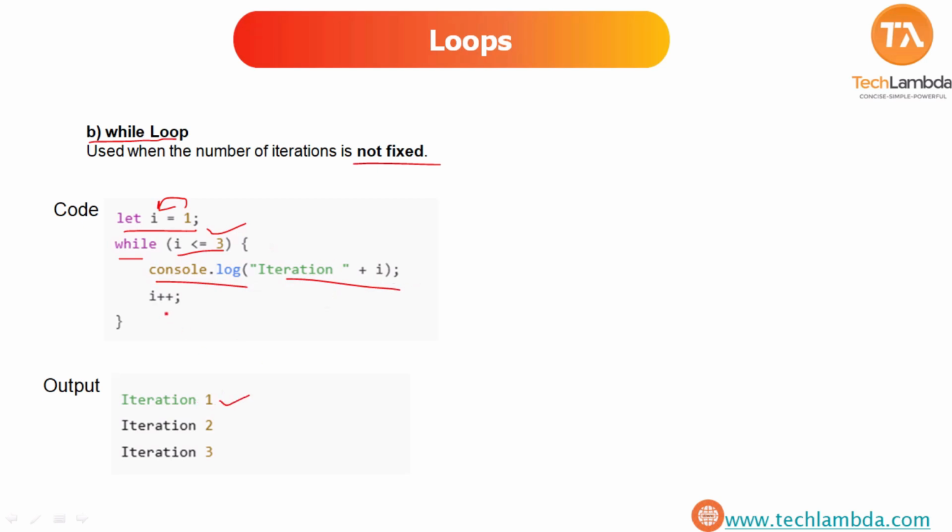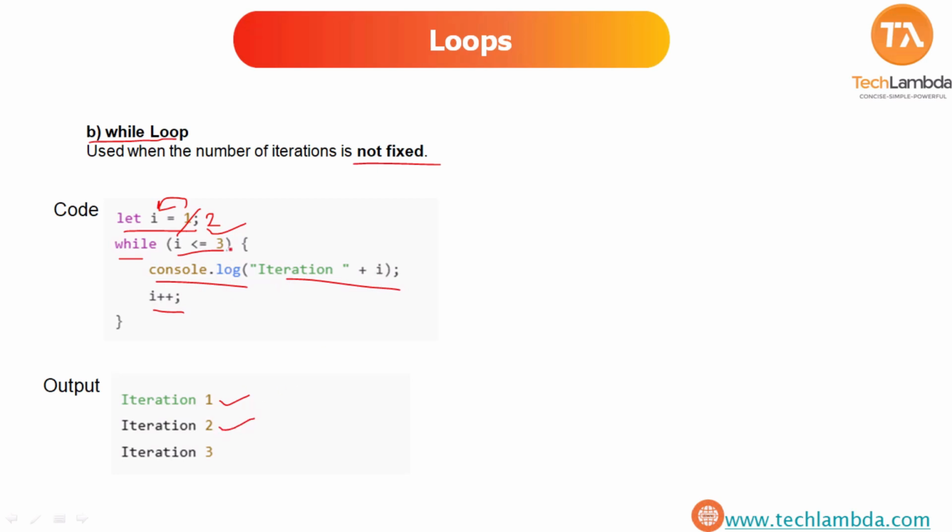Again after that, it does i++, so the value of i becomes 2, right? Again it checks here: 2 is less than or equal to 3. Yes, it is true. So it prints iteration 2, right?